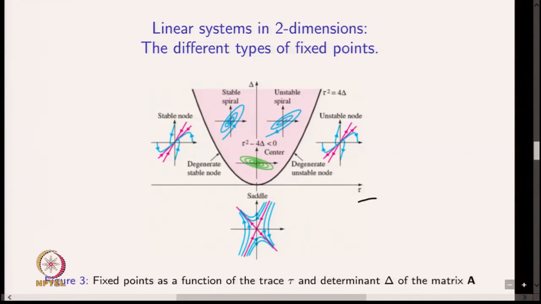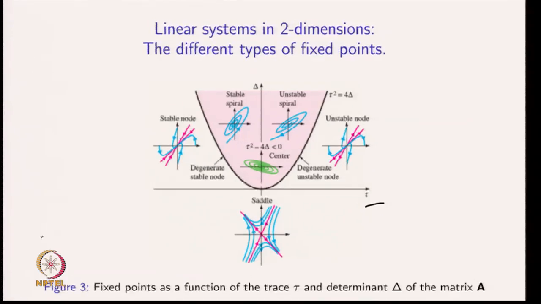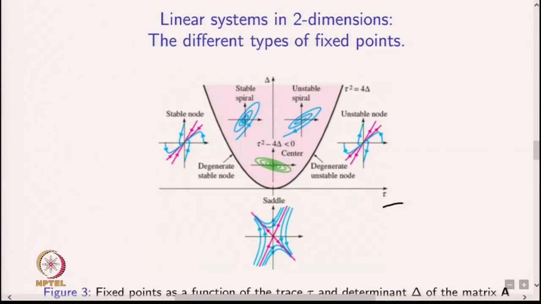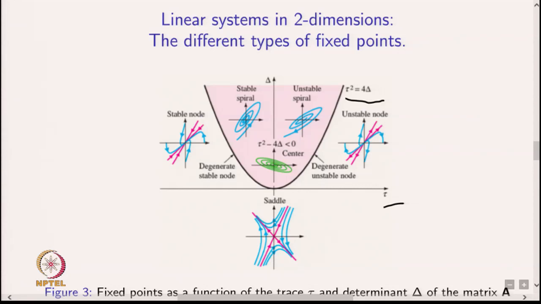The line tau squared equals 4 delta, that particular line is this parabola over here, and that separates the real from the complex eigenvalues. In the real case, for positive tau and below this particular line, we have both the eigenvalues positive.